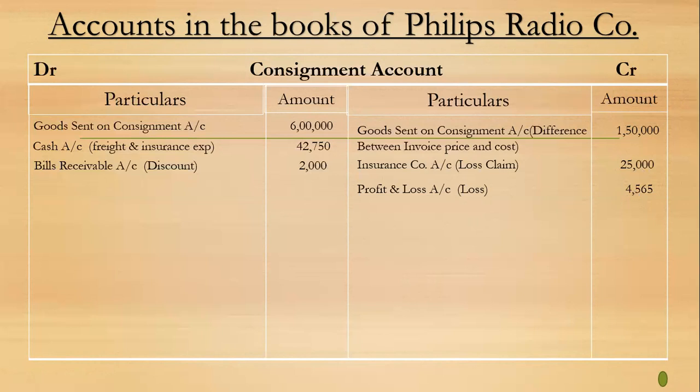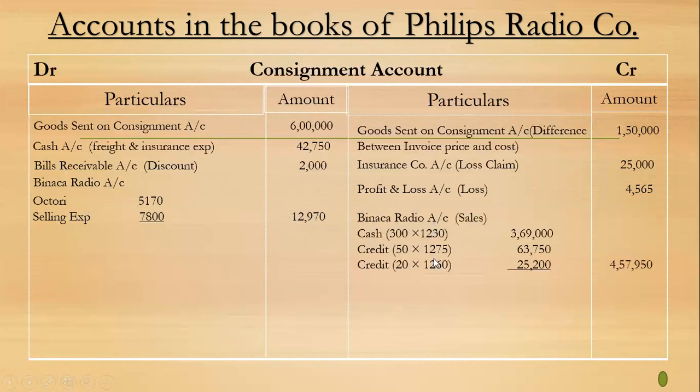Then the sale is given in bifurcation, with different amounts, so we will write down the sales as well as the expenses. Here the expenses are octroi and selling expenses. So we write down the Binaka radio account, octroi 5,170 and selling expenses 7,800. So the total will be 12,970.